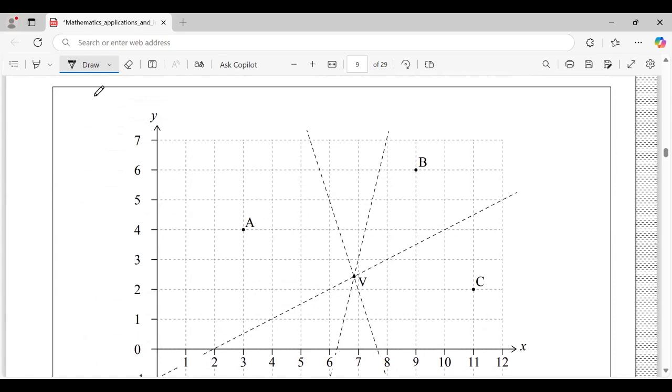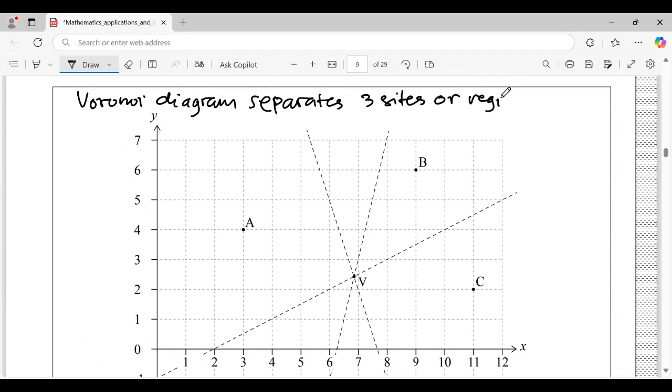Voronoi diagram, I'm going to write here. A Voronoi diagram separates three sites or regions through edges.